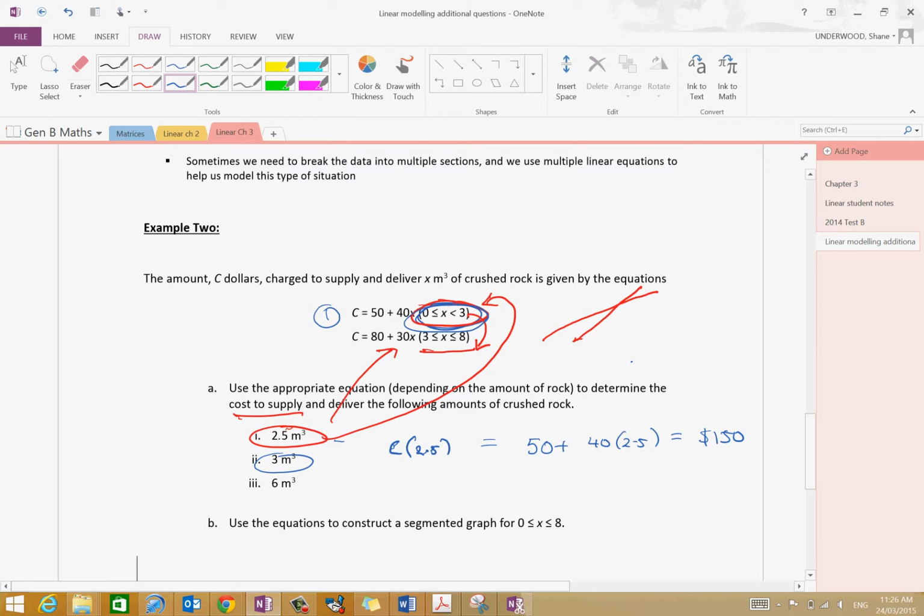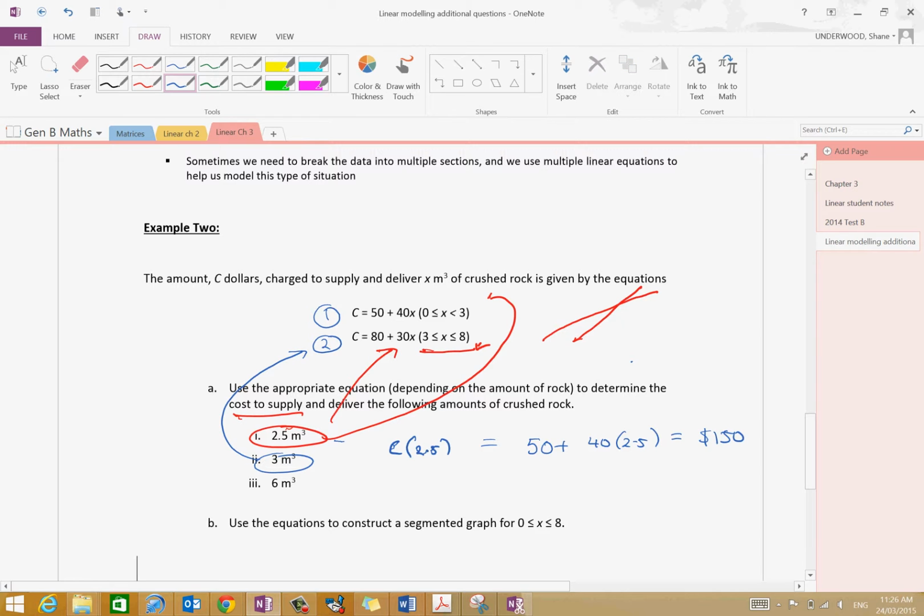What about over here though, 3? This is non-inclusive of 3. You can see there that it's at that less than sign. So I'm going to just show you there again. You can see there that it's non-inclusive of 3. So rather than going into equation 1, we've got to go into equation 2.